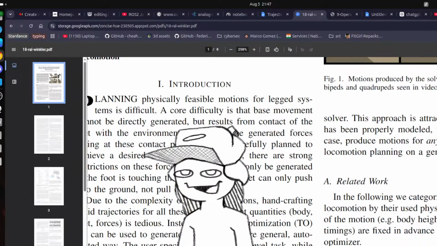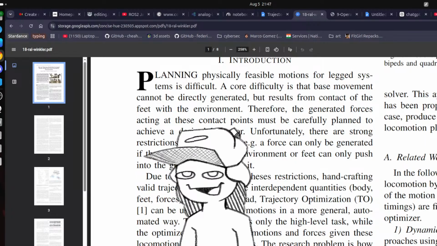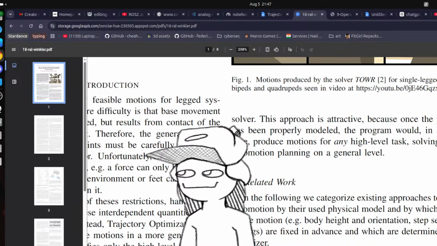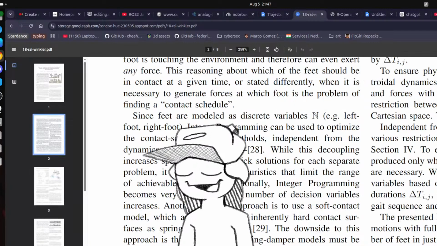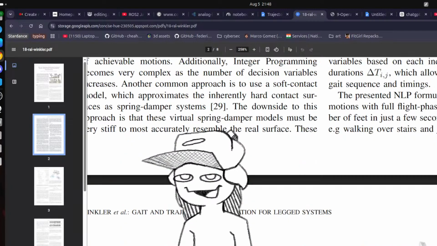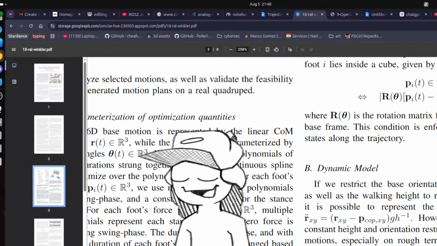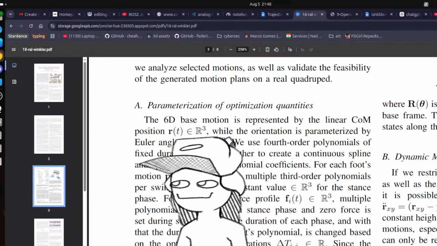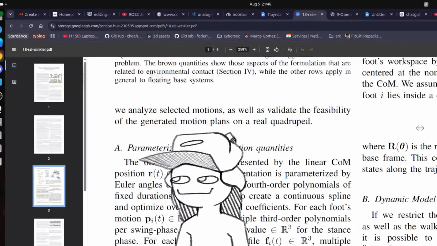Okay, so I guess before I get into the kinematics, I should just read through the introduction a little bit until I reach the kinematic model.